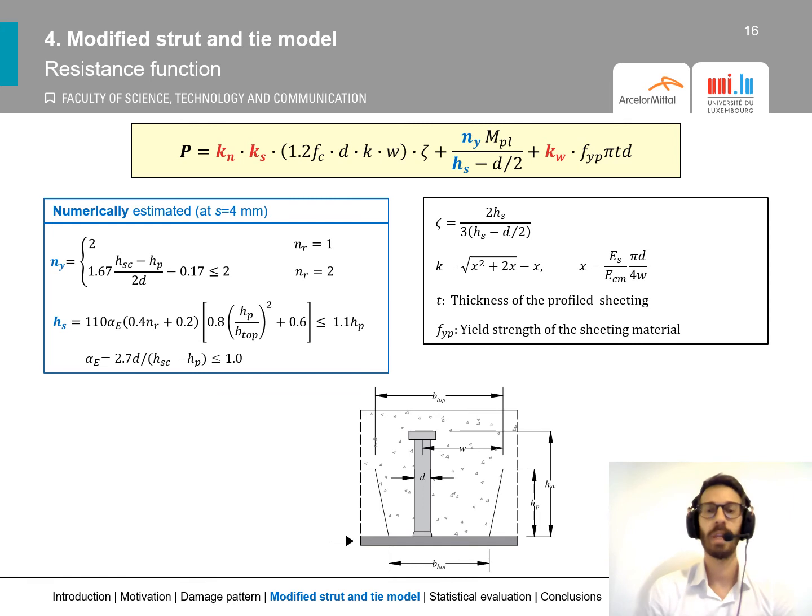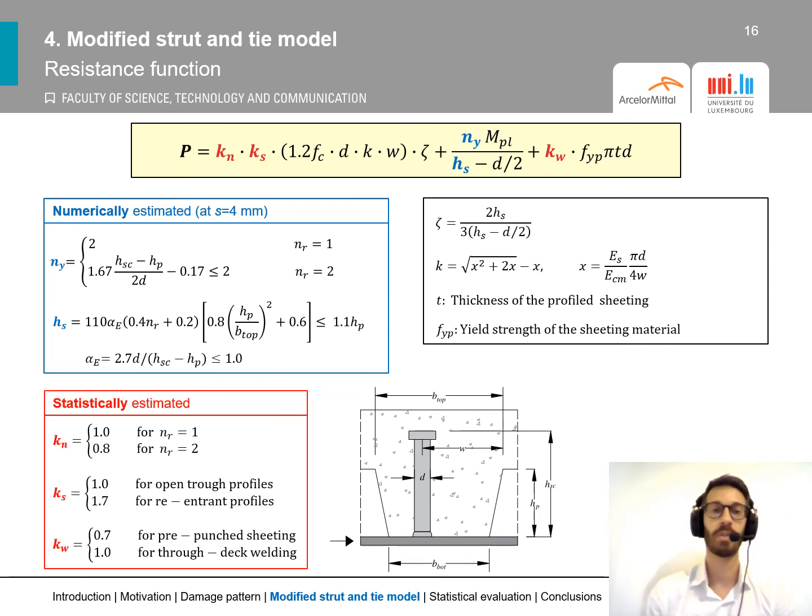There are still three factors which have to be considered: Kn, Ks, and Kw, which were statistically estimated, and they account for the number of studs per rib, the geometry of the profiles, as well as the welding technology, respectively.